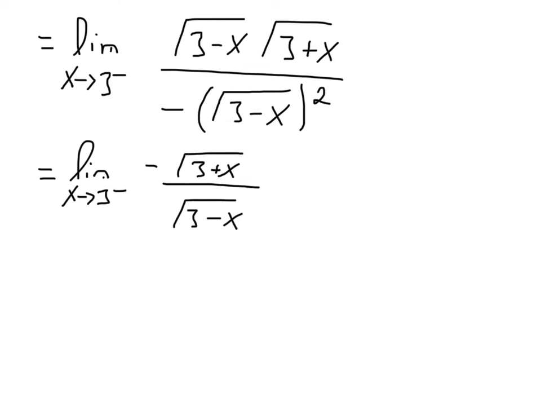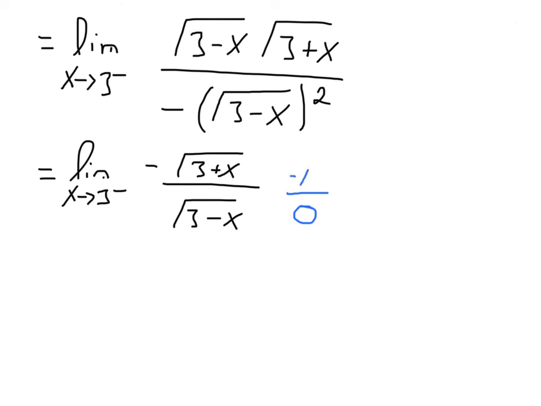Let's take a look at our limit again. What we should do is ask ourselves, is 3 now in the domain of the function that we're looking at? If you check, the denominator, as x tends to 3, is tending to root 3 minus 3, which is 0. And the numerator is tending to negative root 3 plus 3, which is to say negative root 6.